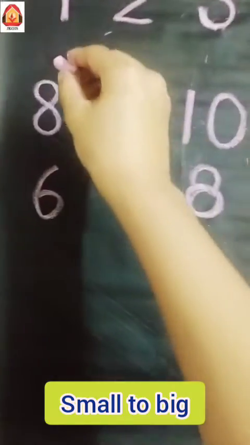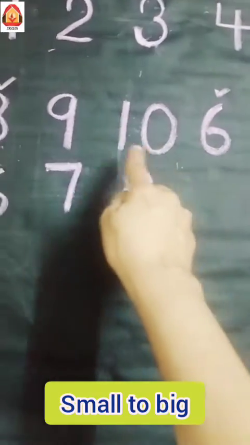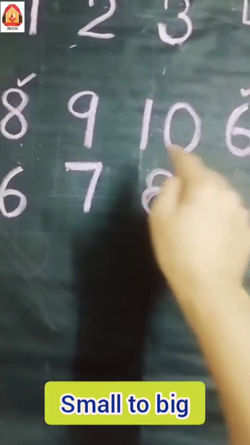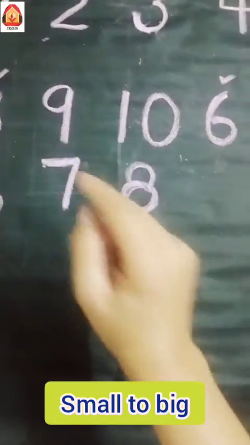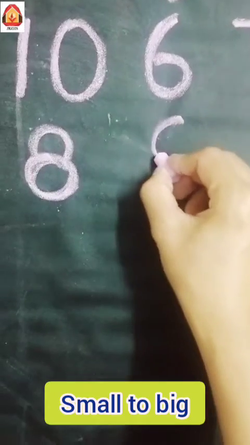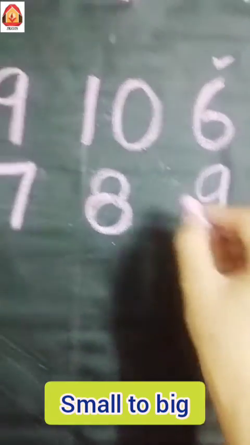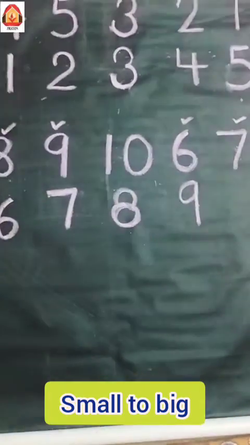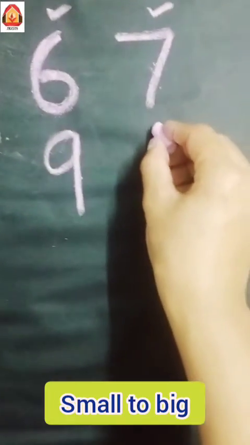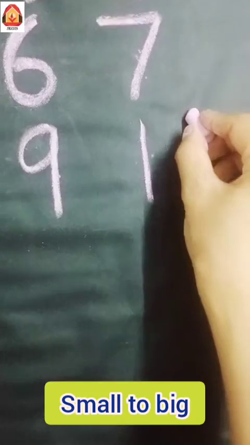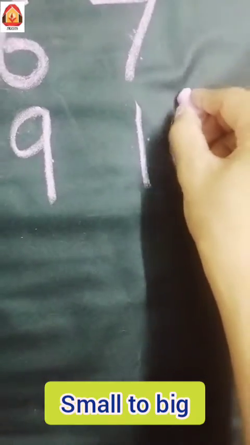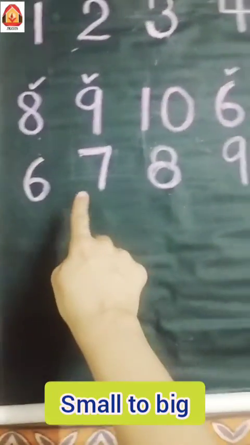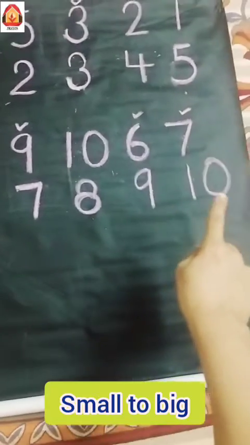Now which is the smaller one between 9 and 10? It's 9. So we will write 9 here. Now which is left? Only 10. So we will write 10 in the end. So the numbers are now 6, 7, 8, 9, 10.